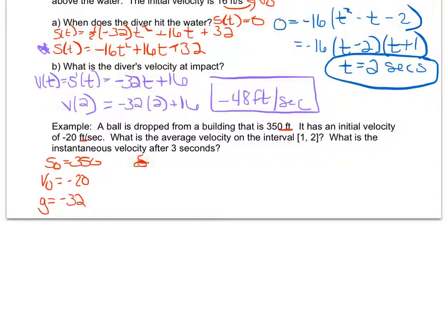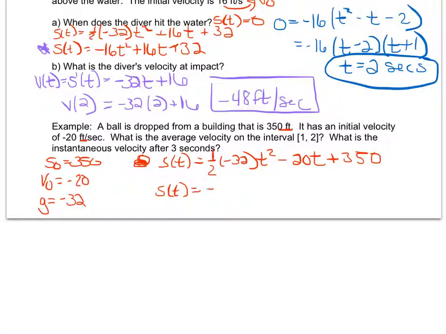So s of t equals 1/2 times g t squared plus my initial velocity, so plus a negative 20t plus my original position. So cleaning that up a little bit, I get s of t equals negative 16t squared minus 20t plus 350.